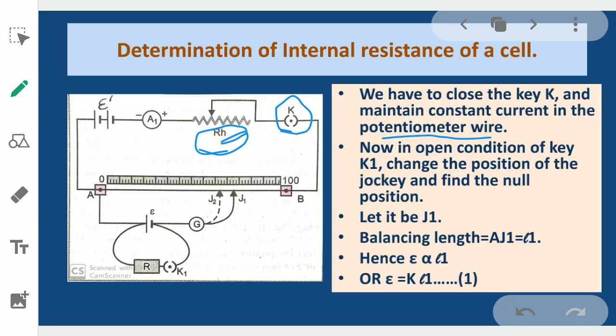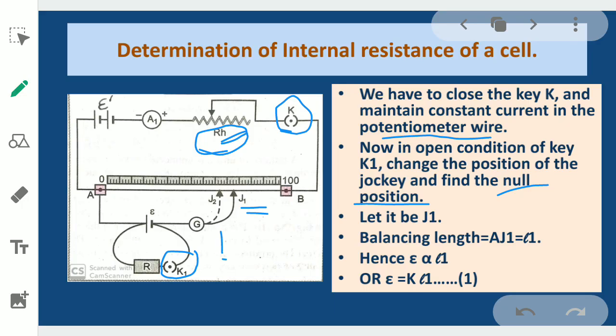Now in the open condition of key K1, this implies that K1 is not closed. We have to change the position of the jockey J so that it shows the null position, and we have to find the null position. Null position means there is no current flowing through the galvanometer.